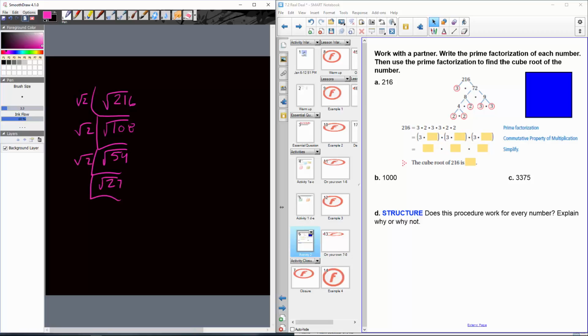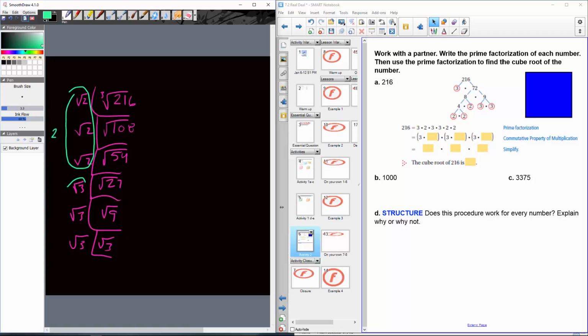Now, if you remember, 27 was already a cube root. I think it was 3, but we'll keep on going. I'll divide by 3, and I have 9, then 3, then 3, then 3. Basically, since it's a cube root, I have to look for 3 of them in a row. So I'll circle 1, 2, and 3, that will just equal a 2.